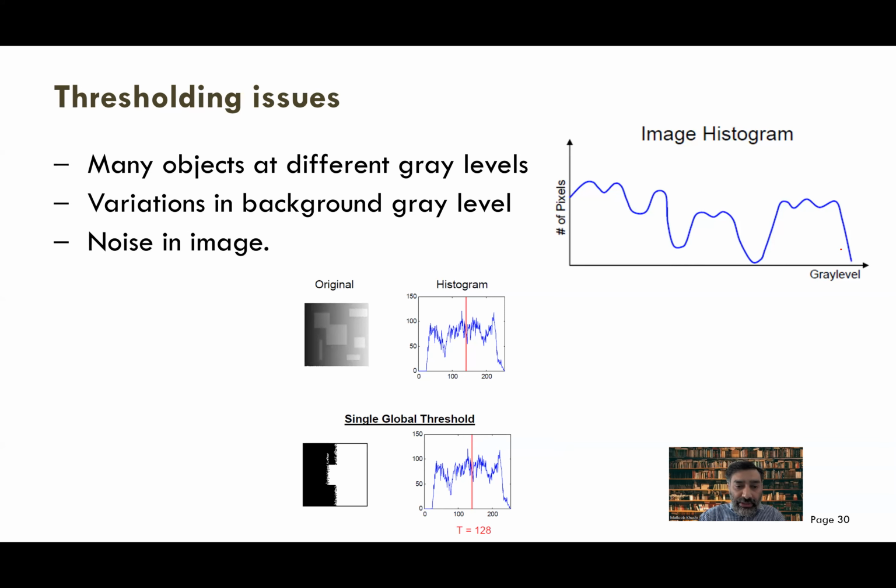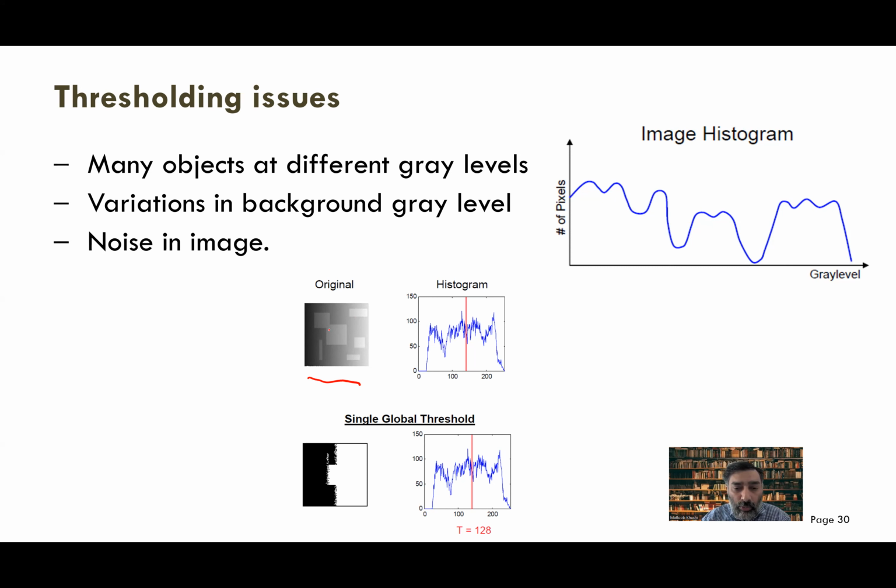Now, the issue is, if you have this type of image, where your background is not really consistent. Here our regions of interest are these rectangles. We want to extract these rectangles, but the backgrounds are very different.